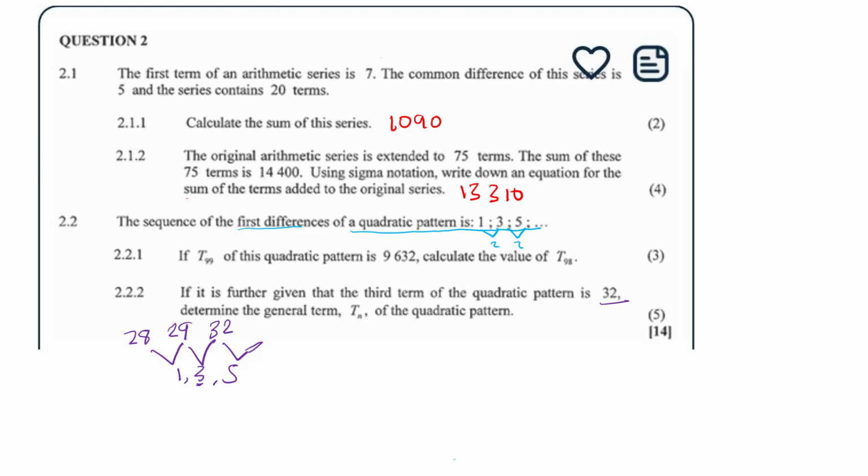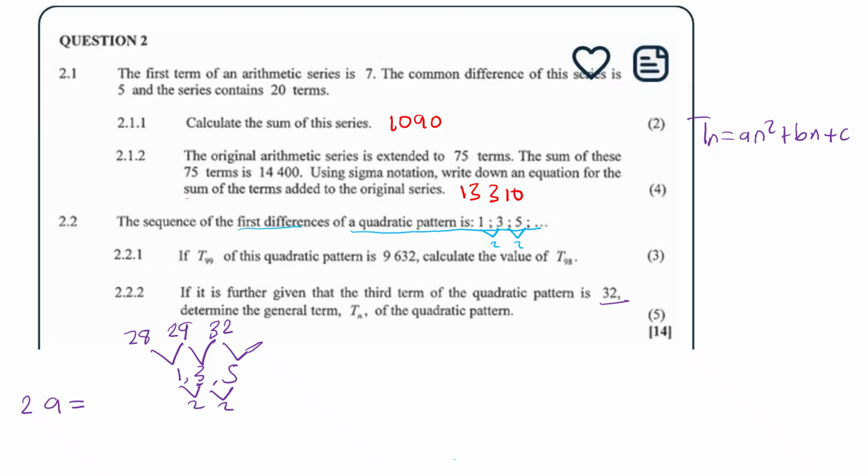Therefore now if you want to find a, because now remember for quadratic Tn is equal to an squared plus bn plus c. And therefore now to find a, you say 2a is equal to what? 3 minus 1 is 2, and then 5 minus 3 is 2.